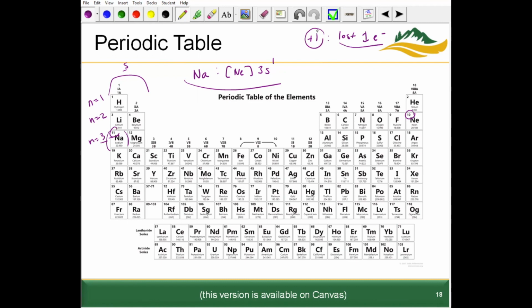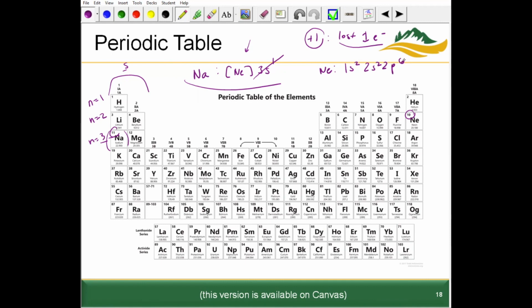Well, when it does that, it loses this electron in the 3s subshell, just leaving a noble gas configuration or a happy complete octet. Let's remind ourselves what neon is again. So that is 10 electrons, 1s2, 2s2, 2p6.